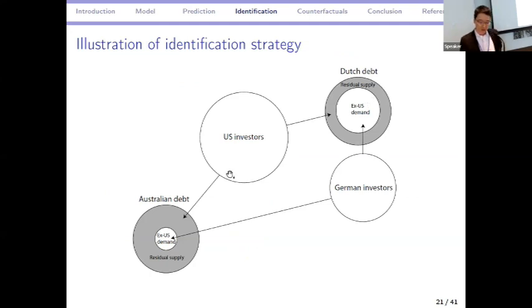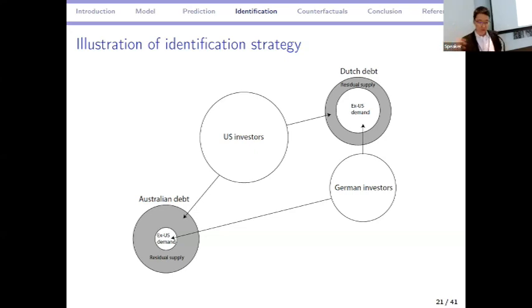Assume that US investors are essentially equidistant between the Netherlands and Australia. But obviously, Germany is a lot closer to the Netherlands than it is to Australia. And I'm going to draw the supply of debt for Australia and the Netherlands. The outer circles for Dutch and Australian debt are the same size. So assume that there's actually no variation in supply of Dutch versus Australian debt.